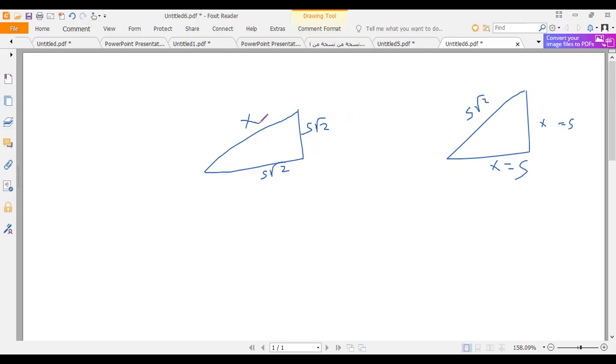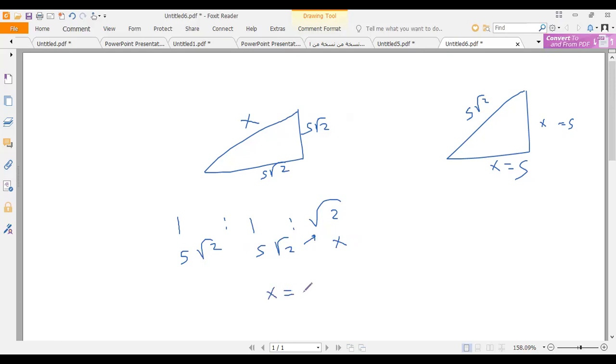No, at this time you have to apply the formula 1, 1, radical 2, okay? And then you can write here 5 radical 2 and this 5 radical 2, and this x. If you cross here, yes.